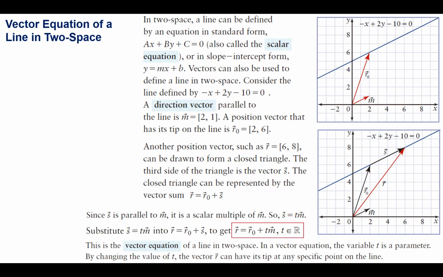This type of equation is also called the scalar equation of a line, or in the slope-intercept form, as long as the slope exists, right? Slope-intercept form is y equals mx plus b, where m is the slope of this line, and b is the y-intercept.